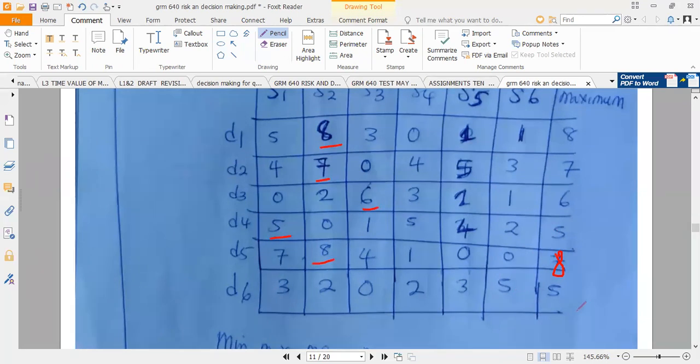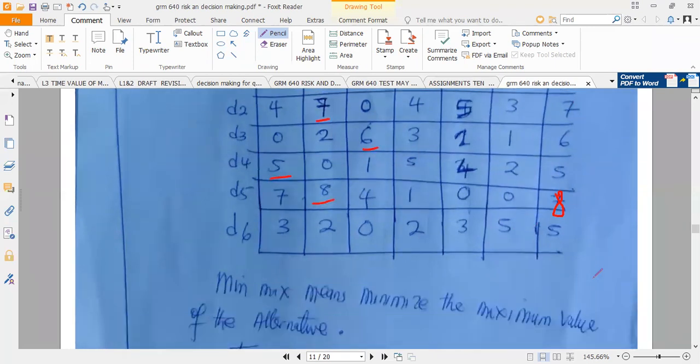So after you do this, what next? After identifying the highest value, how do we use the Savage criterion to identify which alternative to pick? You get the minimum.